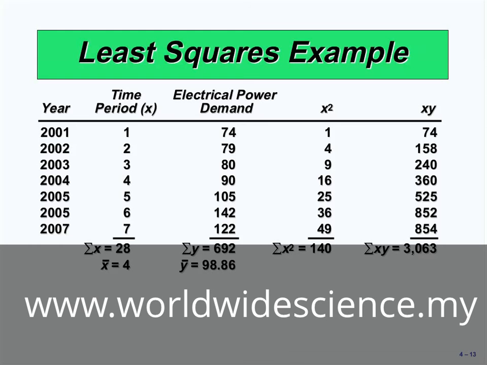The manager wants to forecast the demand for the next years, for example 2008, 2010, 2050, 2100, 2500. Okay, no problem. But what should we do, what is the process of forecasting in this method?